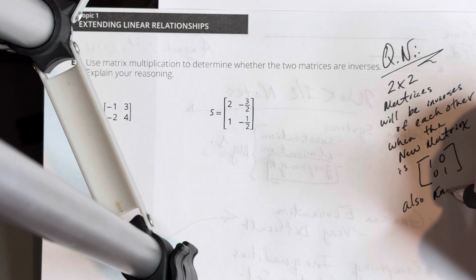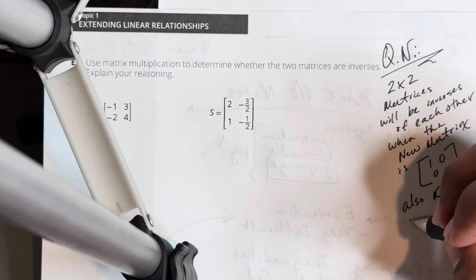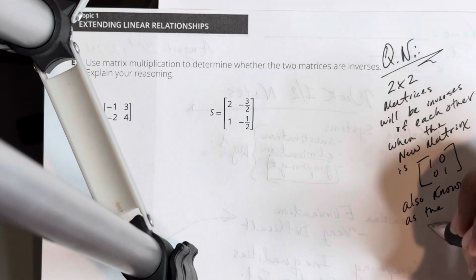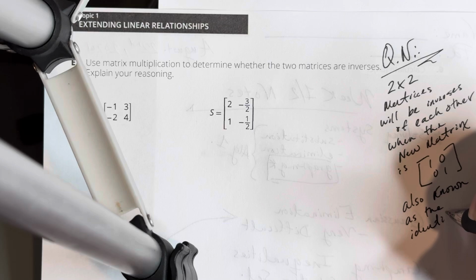Also known, and we've done this before, as the identity matrix.